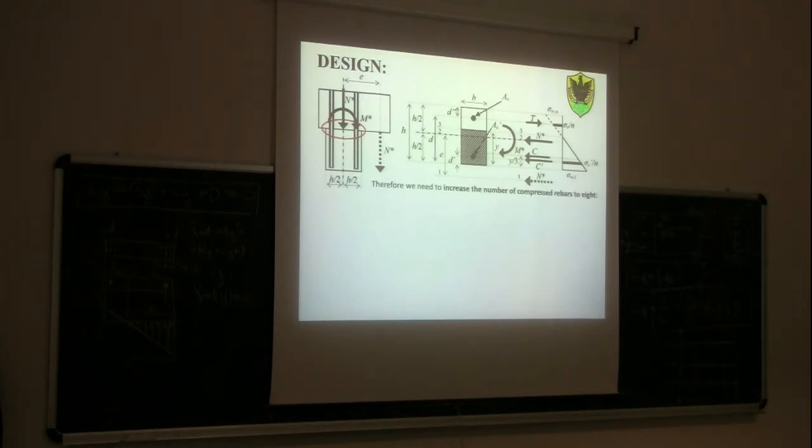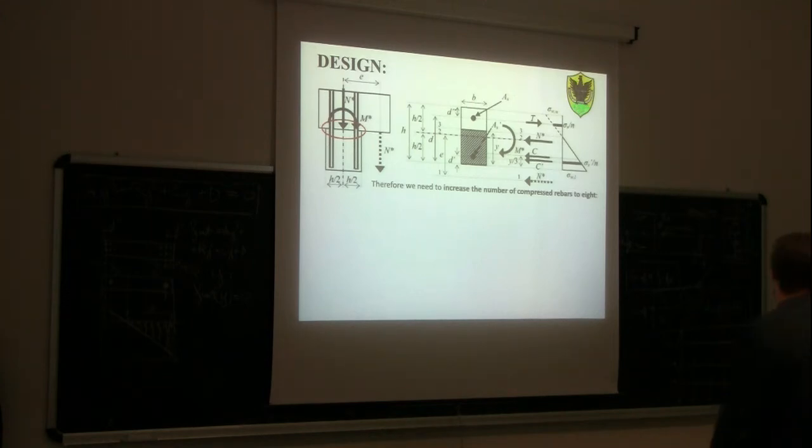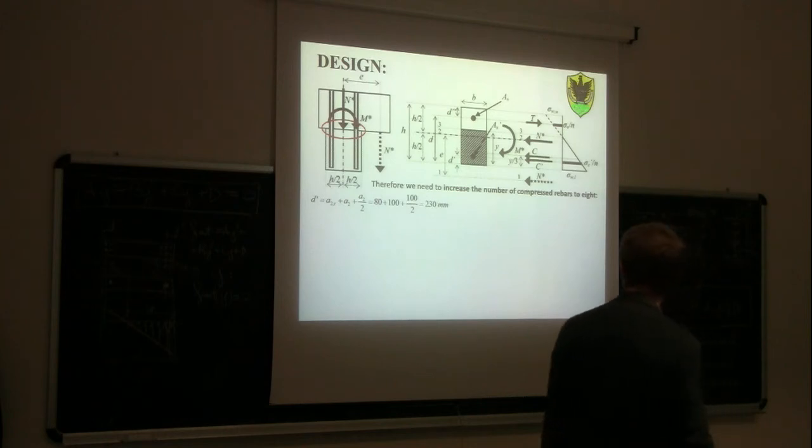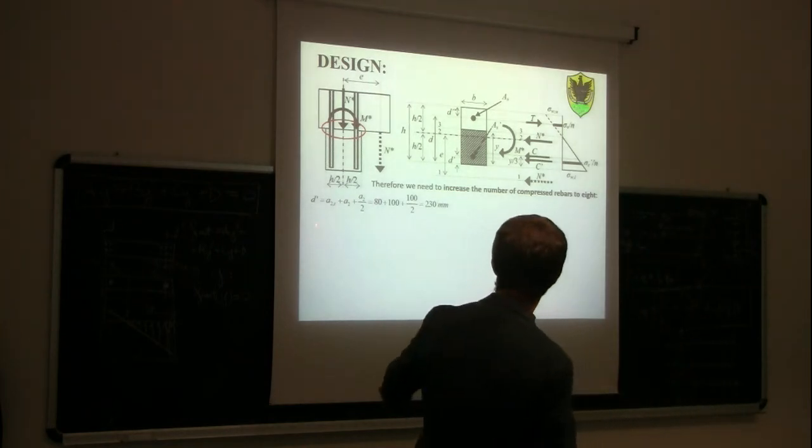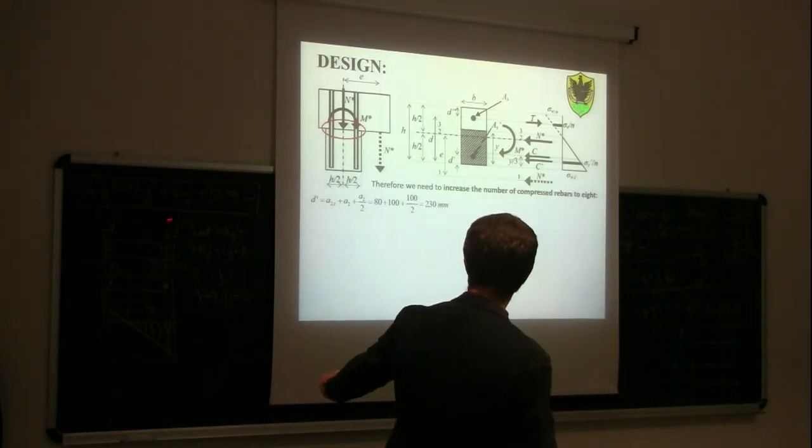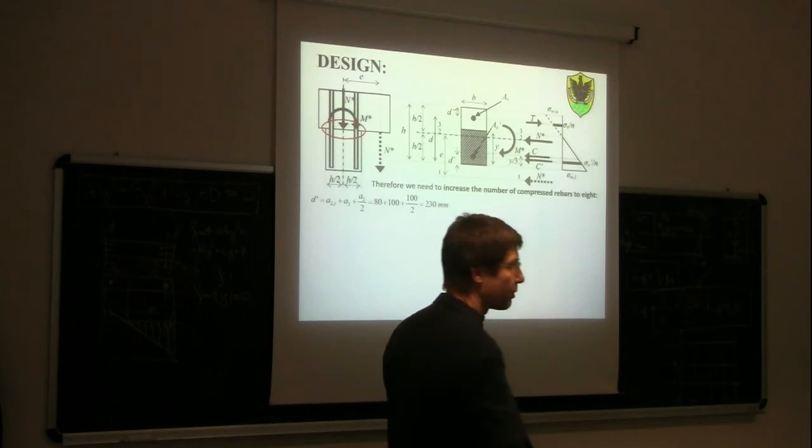Since our column depth is quite big, we can think about increasing the number of rows from 6 to 8. This means that we need again to change V prime. The V prime, as you remember, is the distance between the centroid of the bar and the side of the cross section.